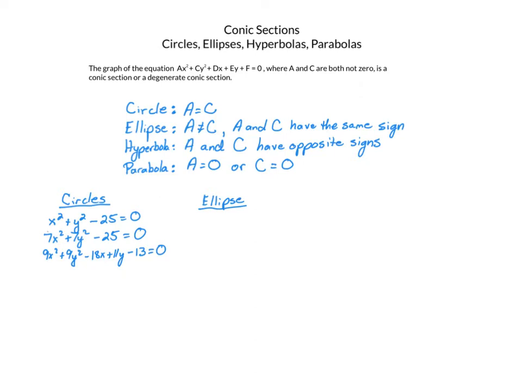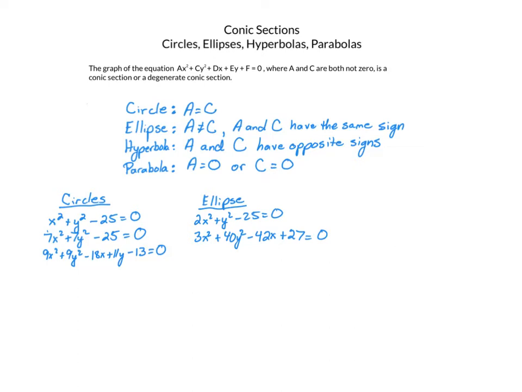We don't have the balance of the coefficients being the same. They're different, like 2x squared plus y squared minus 25 equals 0. The graph of that equation would be an ellipse, as would this: 3x squared plus 40y squared minus 42x plus 27 equals 0.